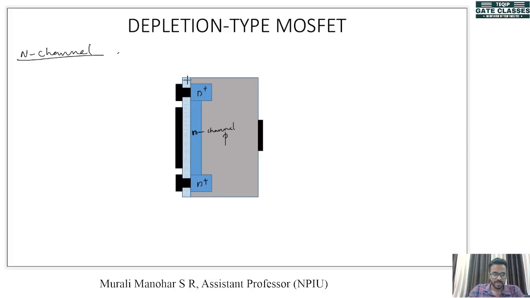Okay. Now here we have a thin layer of silicon dioxide, and this silicon dioxide isolates this terminal from the MOSFET. Okay, I'll tell you what these terminals are. Now there are ohmic contacts. All these black boxes are ohmic contacts.